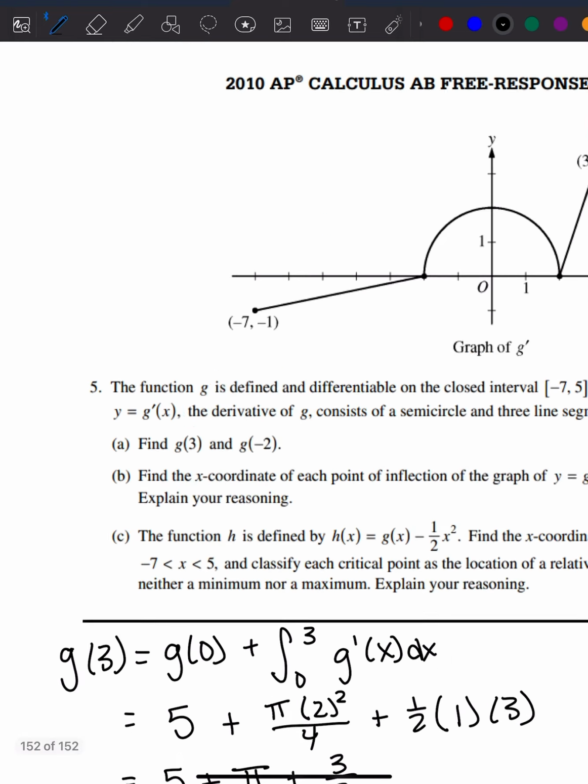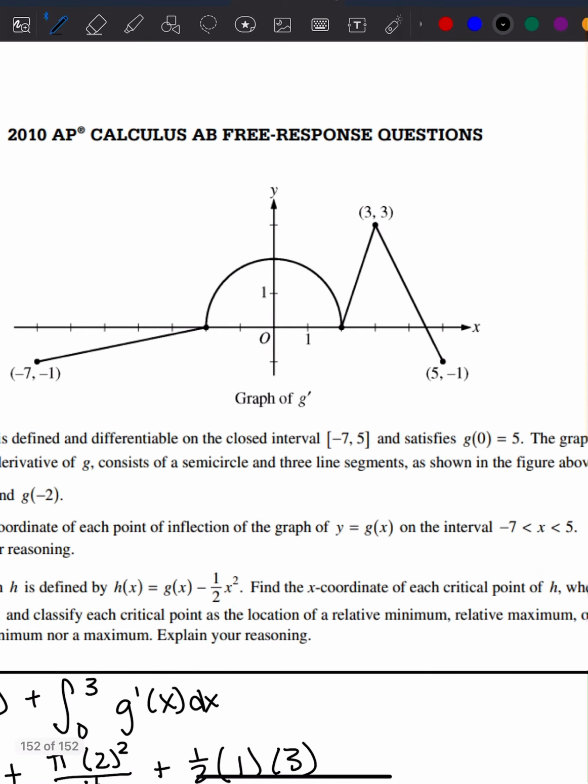Either way, we're going to get a negative for our pieces here, because if I go from 0 to -2, we're going in that negative direction, so our area would have been negative anyways. But we need to be a little bit careful. It's easier to always start at the lower number to go to the higher number. If our area is above the x-axis, then it's going to be positive. If it's below the x-axis, it's going to be negative.